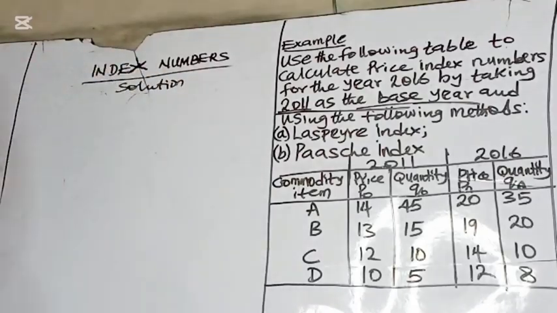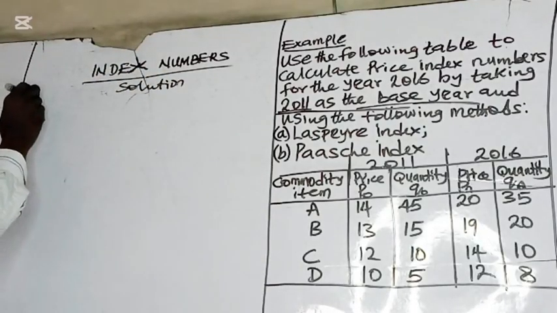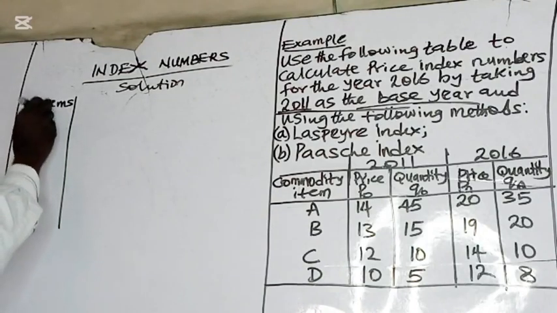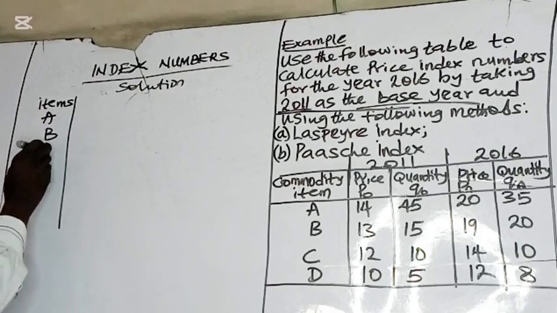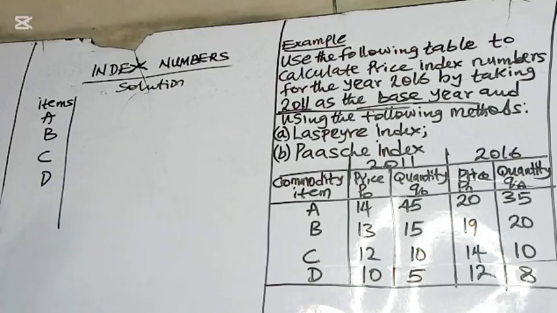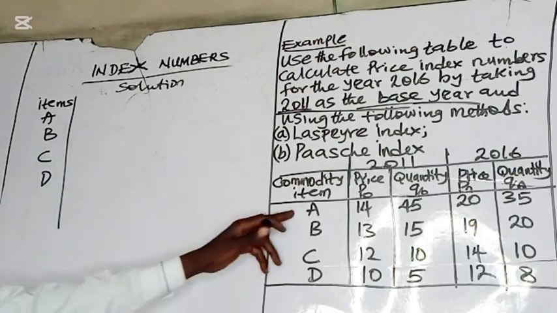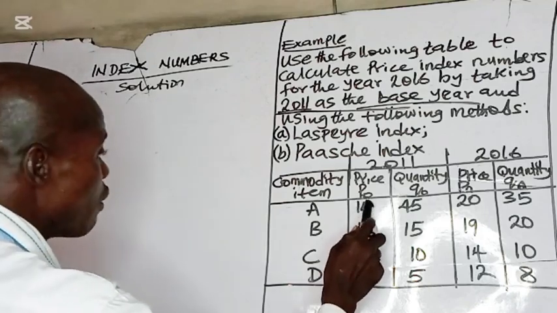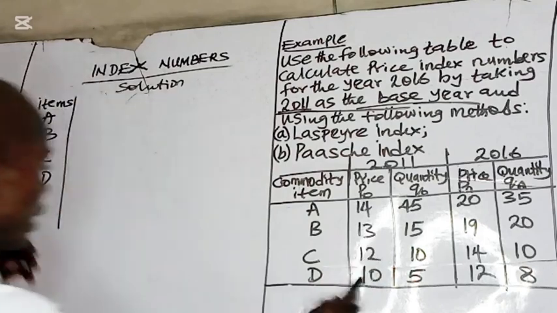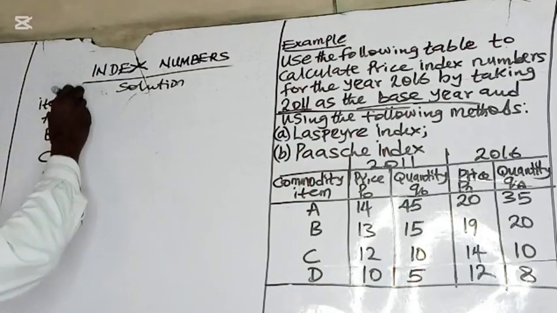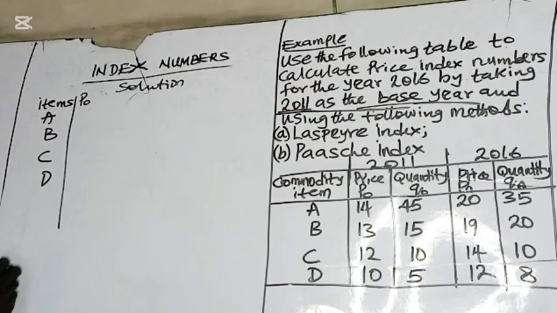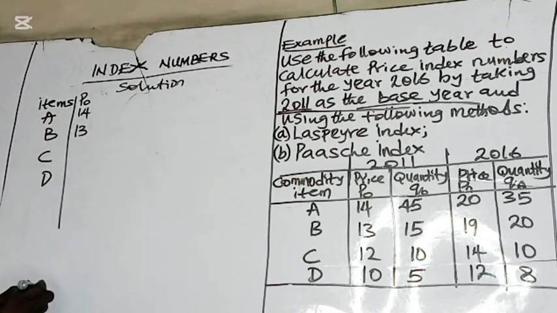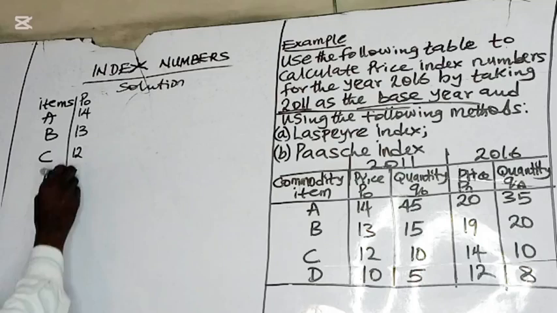Now, the items we are given: we have 4 items, A, B, C, and D. These are the 4 items given in the question. Then the PO as given: we have 14, 13, 12, and 10.